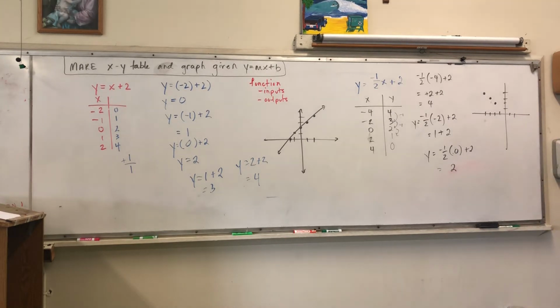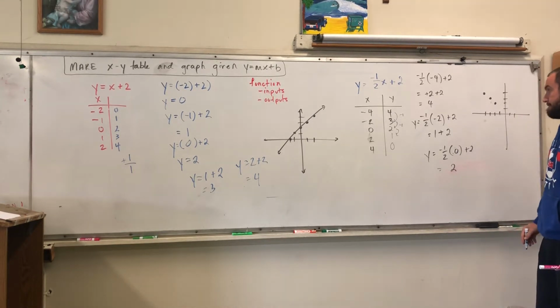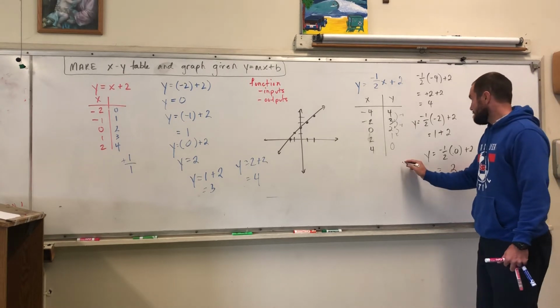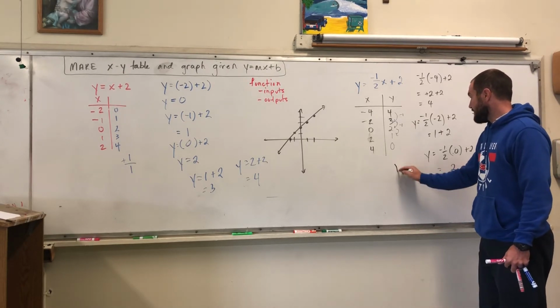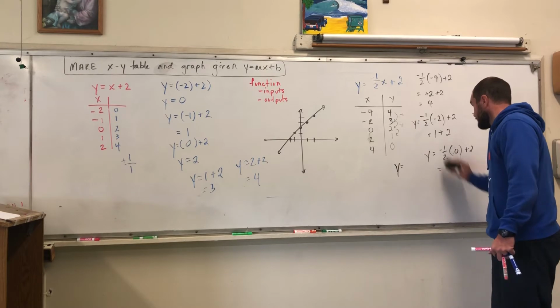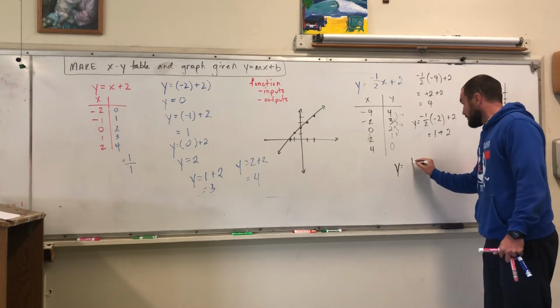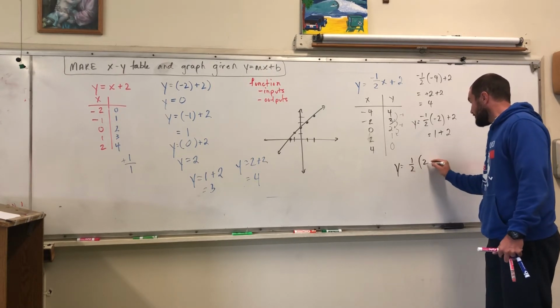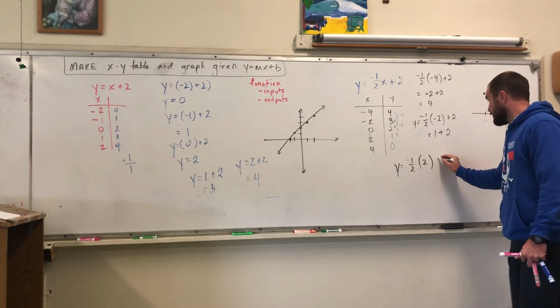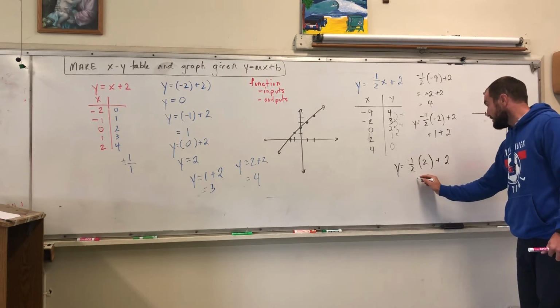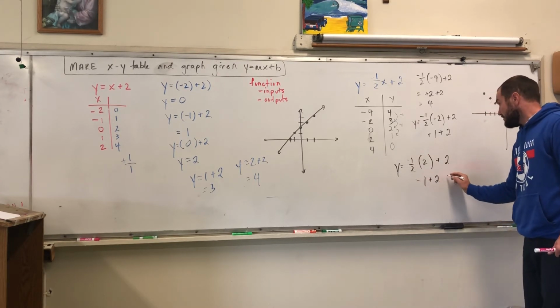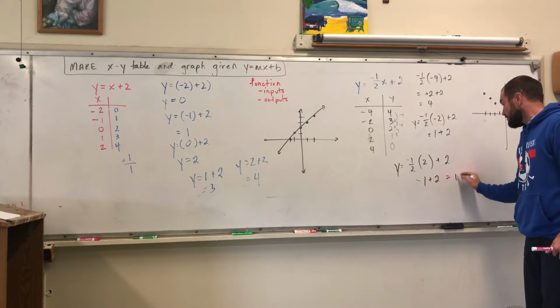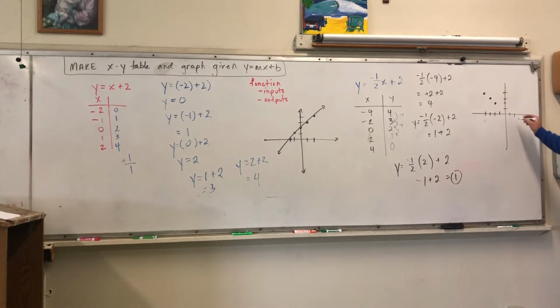Ooh, you made a mistake there. Y is equal to 1/2 times 2 plus 2, which gives me -1 plus 2, which is 1. 2, 1.